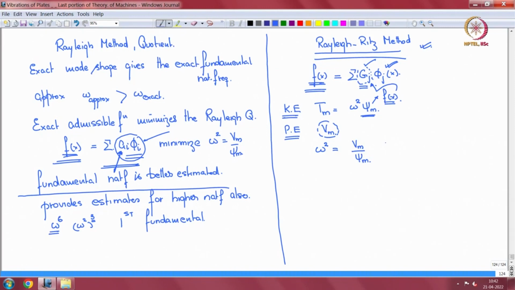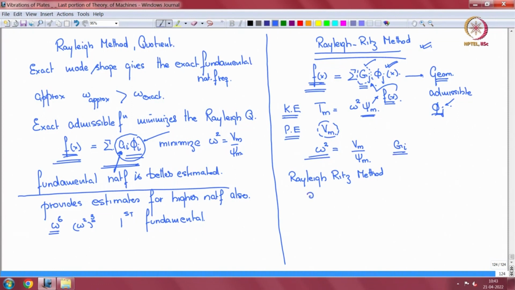And now what is the Rayleigh Ritz method? These phi j's have satisfied the geometric conditions, so they are admissible. That means each one of these phi j's is admissible. The Rayleigh Ritz method now says that we are going to minimize this omega m square with respect to the g i's.